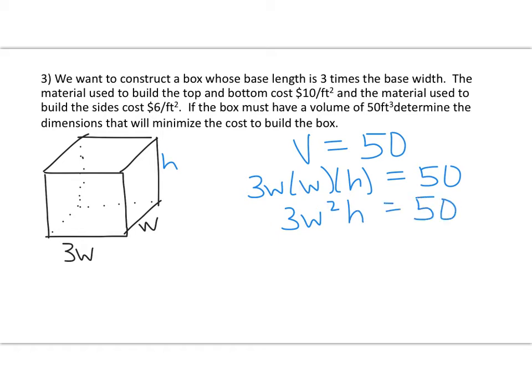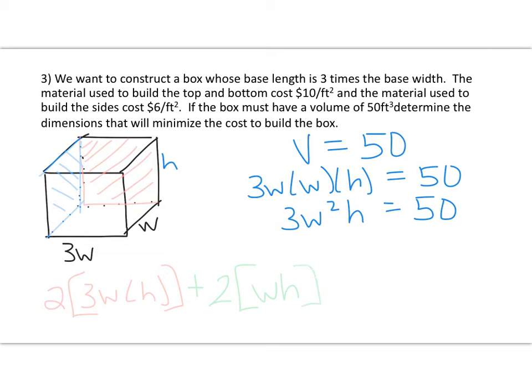Now to find my cost, we have to measure the area of our sides. So this back side here has an area of 3W times H, and I have 2 of those sides, so I'm going to multiply that one by 2. Then I have the other sides, which are here, and I have 2 of these sides, and those areas are W times H. So I have plus 2WH.